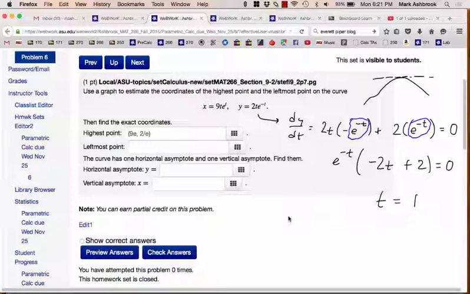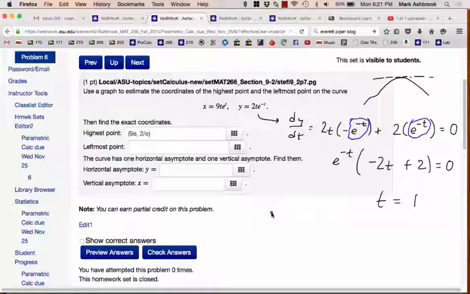So then the horizontal, okay, so asymptotes. How do we get asymptotes? We get asymptotes when t gets really, really big positive or really, really big negative. Okay?